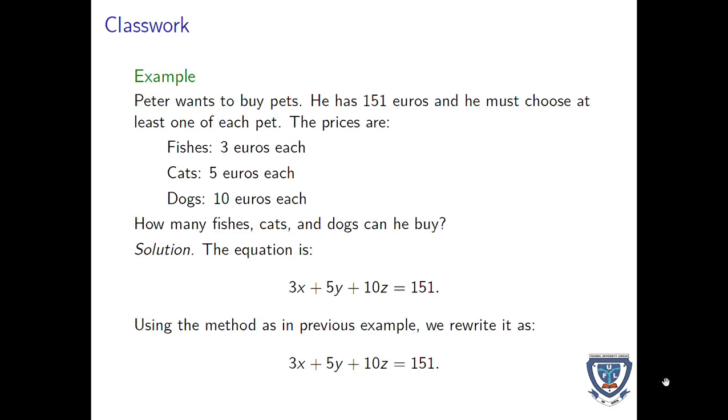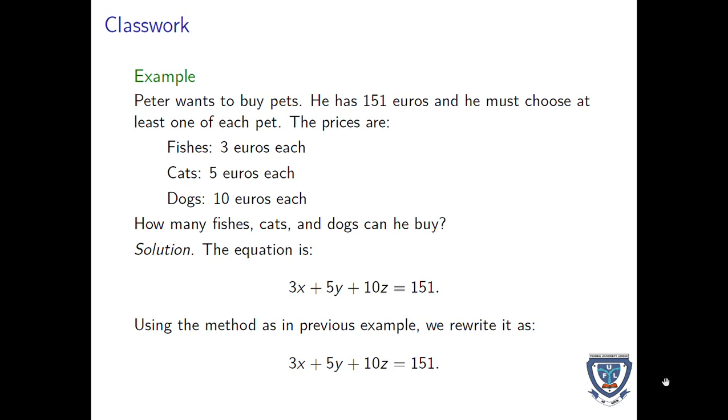We'll have another example. In this case, we have more than 2 variables to work on. Peter wants to buy pets. He has 151 euros and he must choose at least one of each pet.